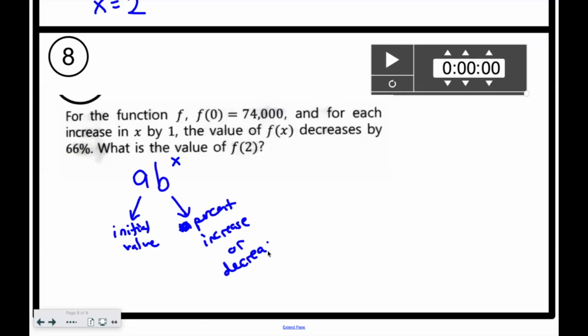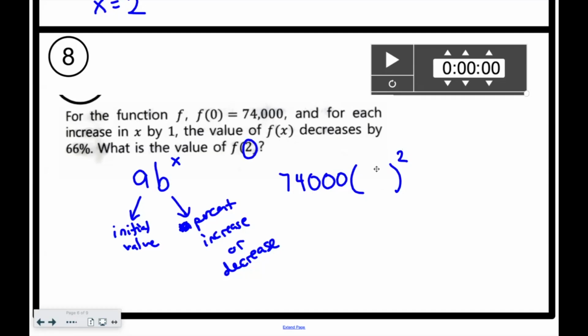I'll explain that more in a second. So our initial value is clearly 74,000. So our exponential model looks like this: 74,000 times the decimal version of a percent increase or decrease, raised to the x. And that x is going to be 2.